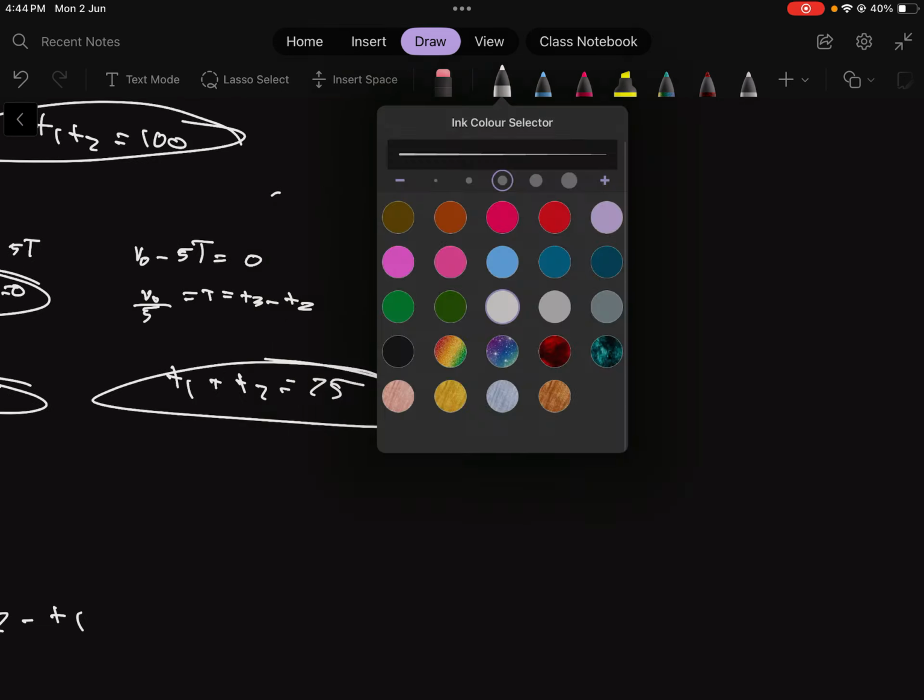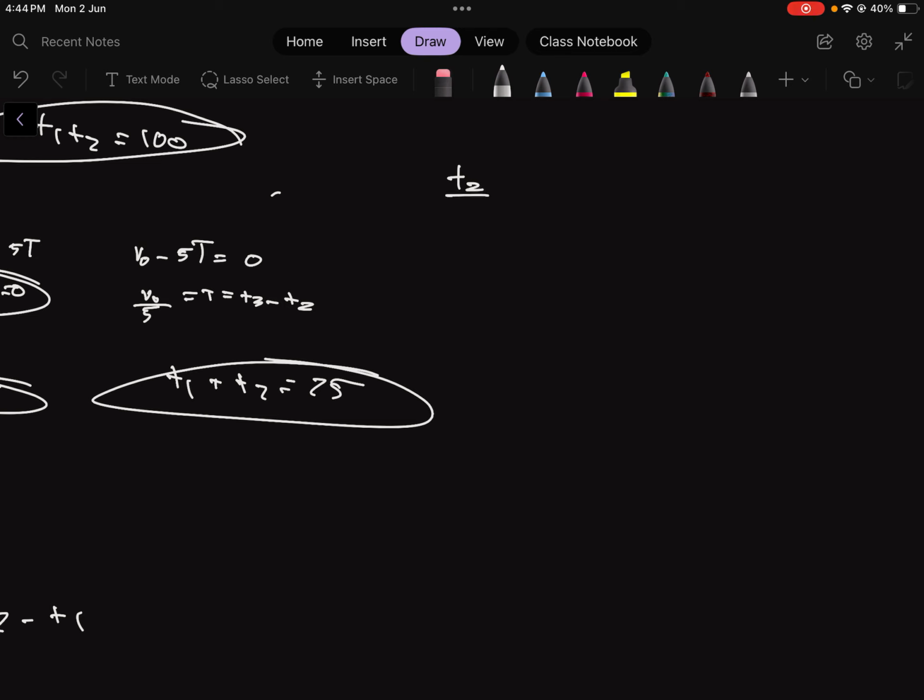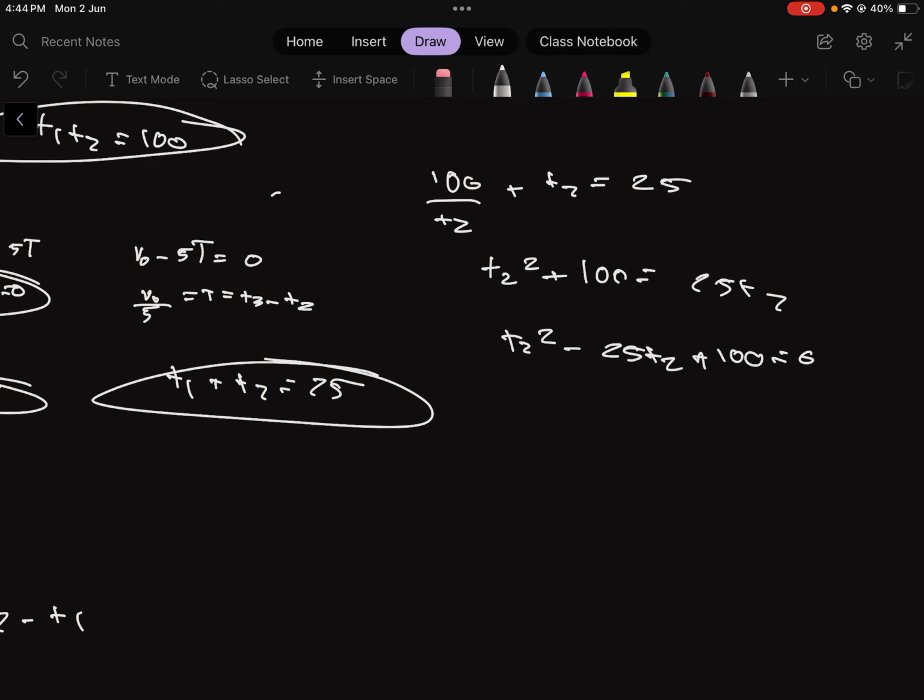So let's make it quick. We can plug t1 as 100 by t2. So 100 by t2 plus t2 is 25. So t2 square plus 100 is 25 t2. t2 square minus 25 t2 plus 100 is equal to 0.